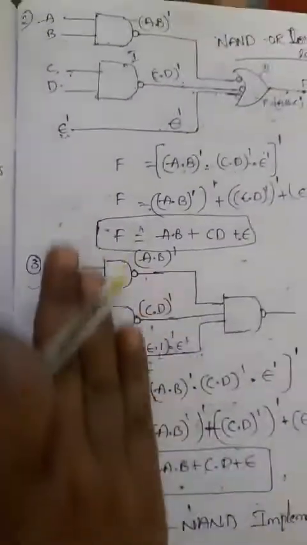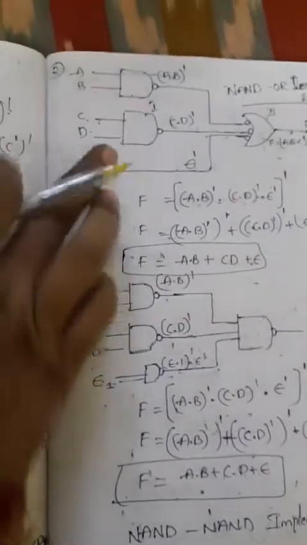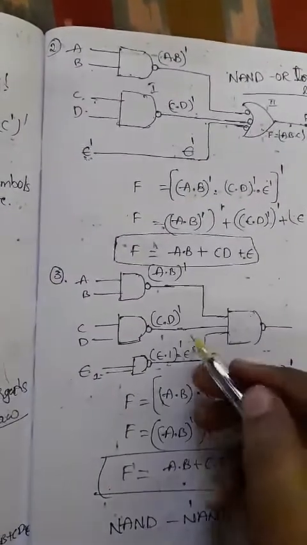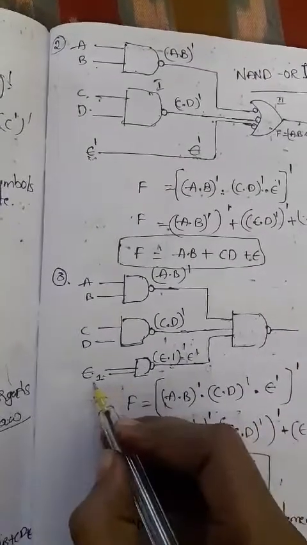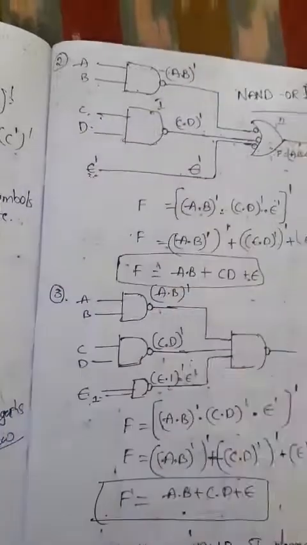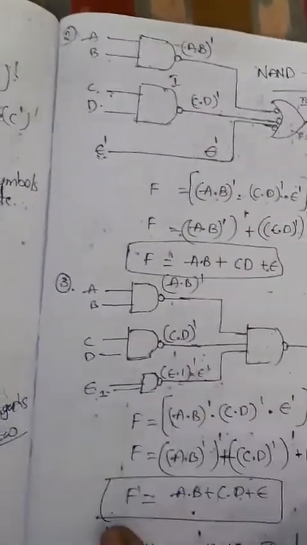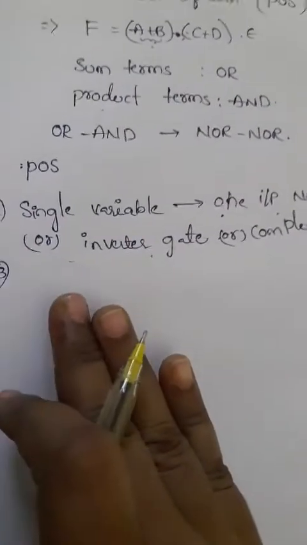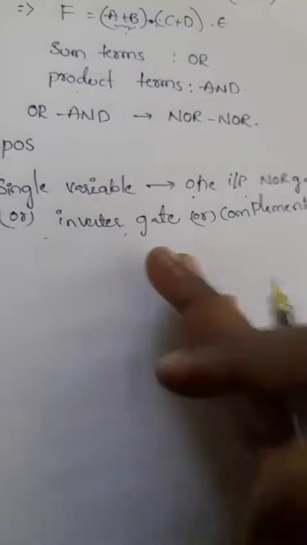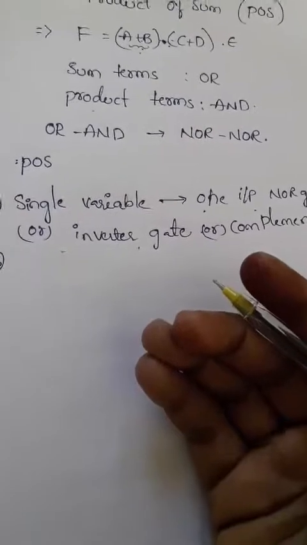In the next, third step, the total circuit diagram is completely converted into NAND gates. That means the single variable complement can also be implemented with a NAND gate. That is the third step. A second way to implement a function with NOR gates is to use the expression for the complement of the function in product of sums.